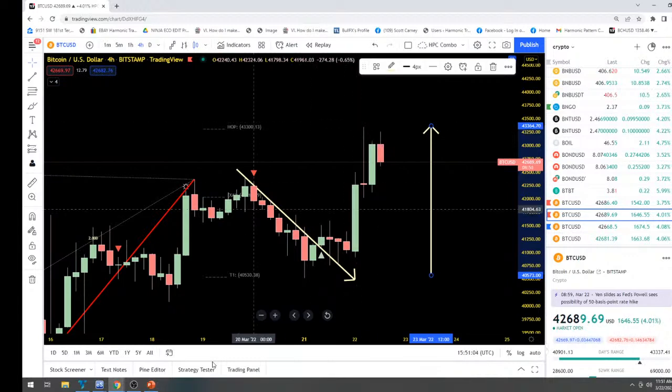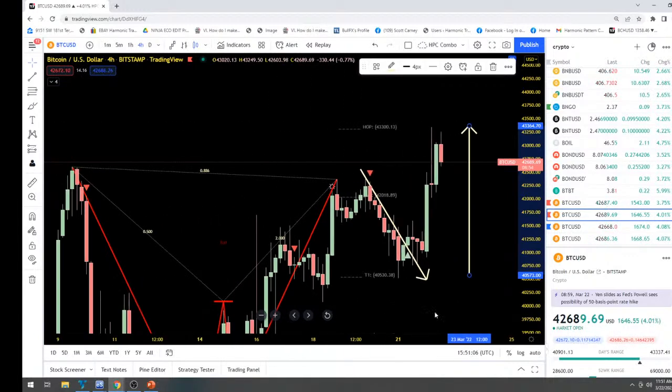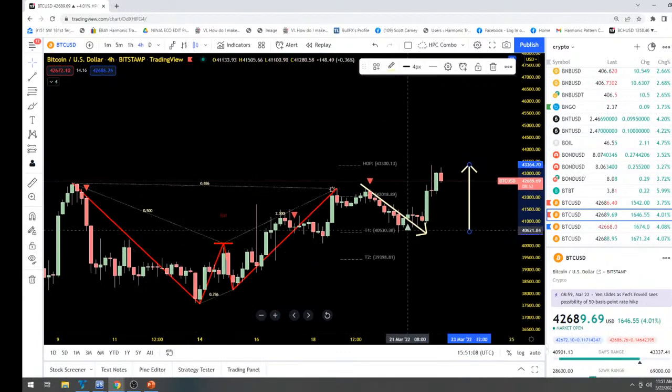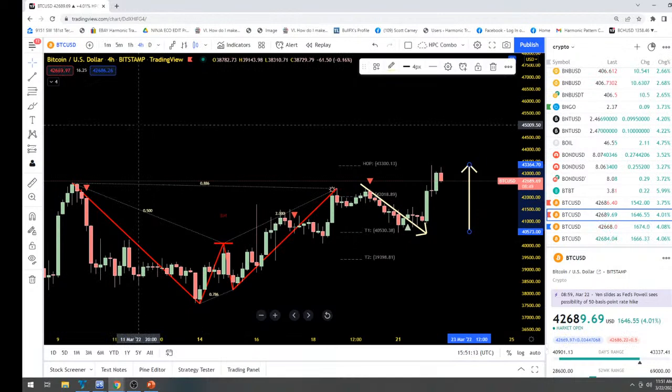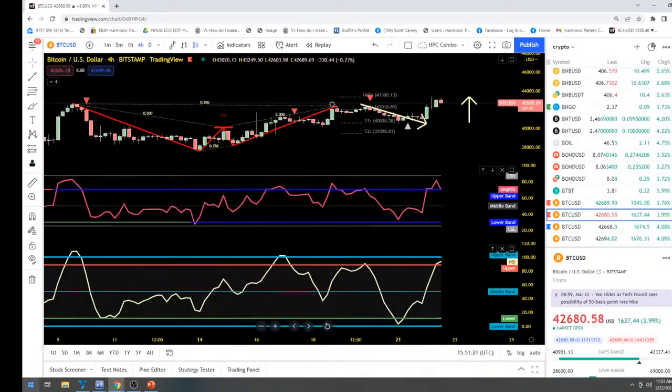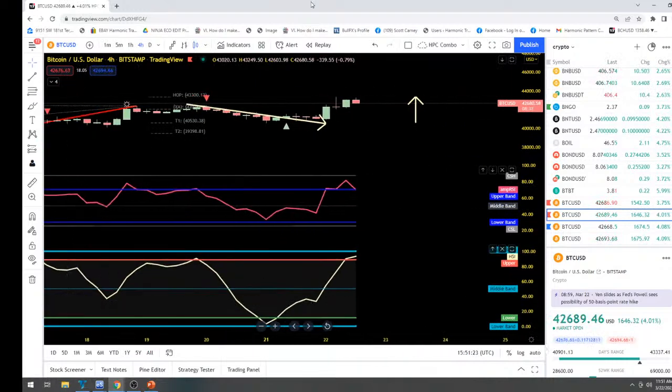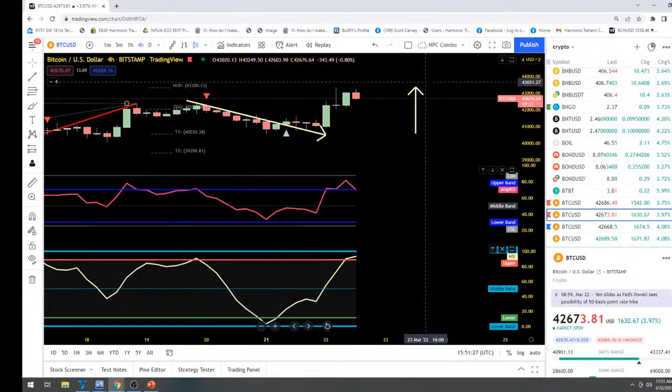We really have just taken our time getting out of this hole, coming off of the low 30 level, with uninspired action until recently with a lot of pattern construction. What I'm looking for on Bitcoin at this 43.3 level, 43,300 exactly: take a look at what Harmonic Strength Index does.